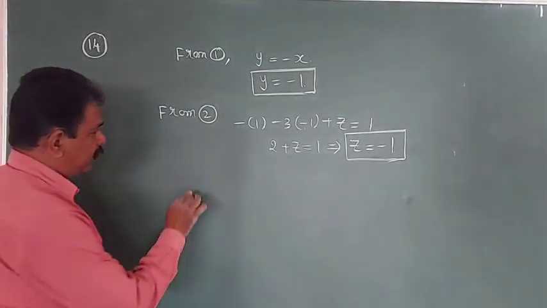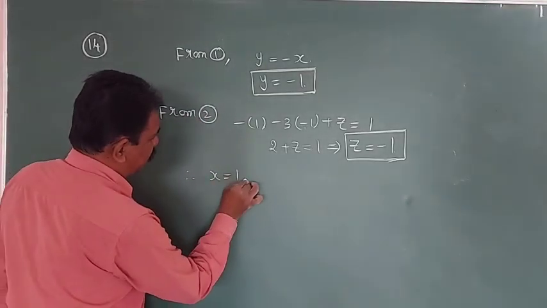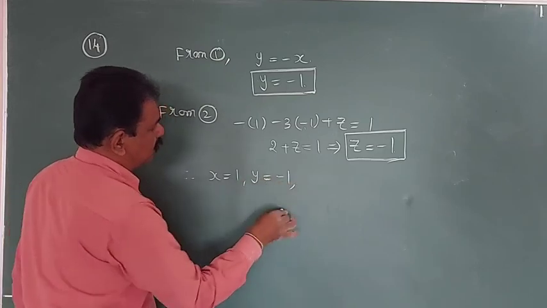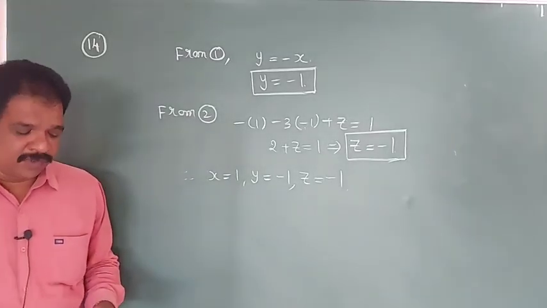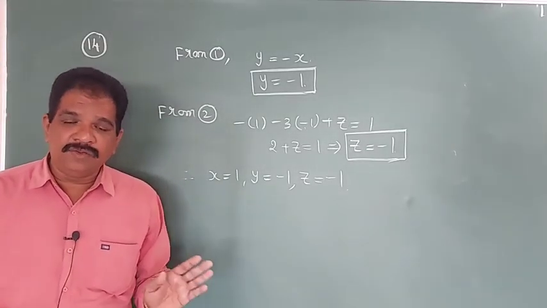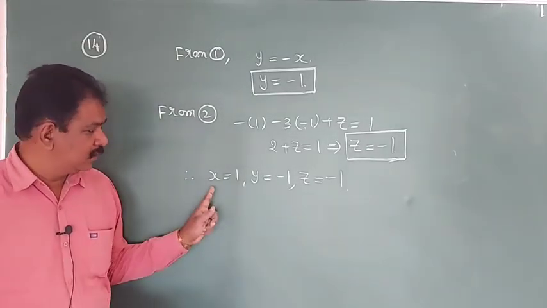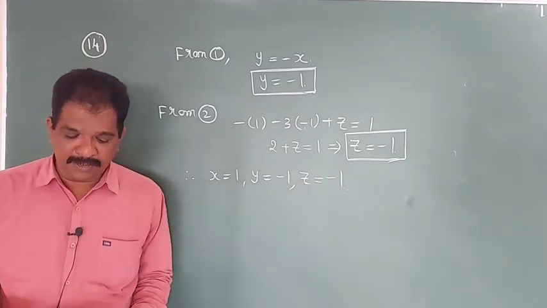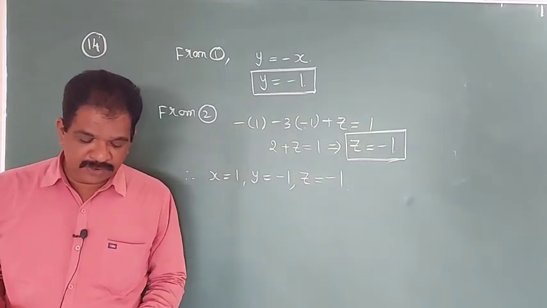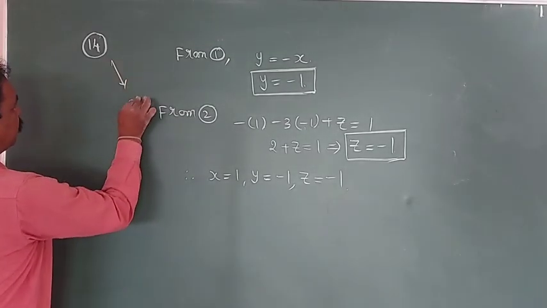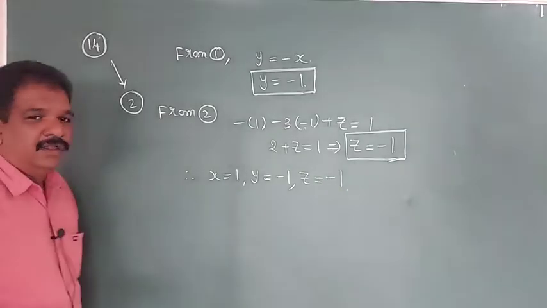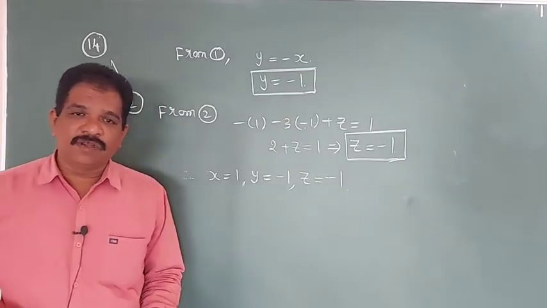Finally, you write down, therefore x is equal to 1, y is equal to minus 1, z is equal to minus 1. What are the values of x, y, z? Means 1, minus 1, minus 1. So the 14th, it will be second option. Clear? All will be in the same format, same model.